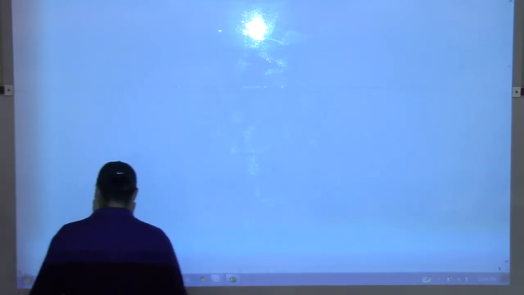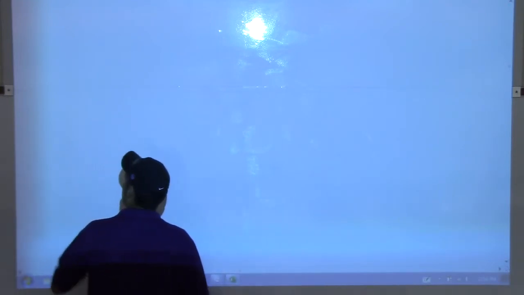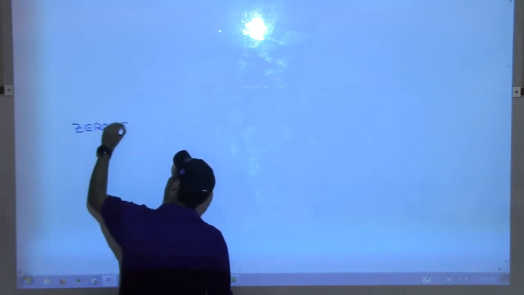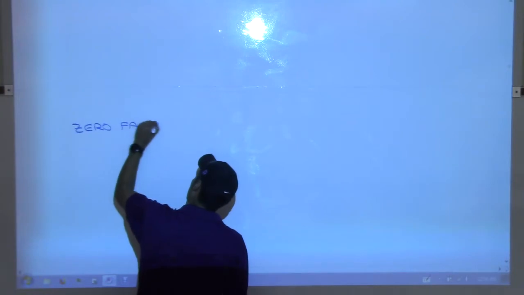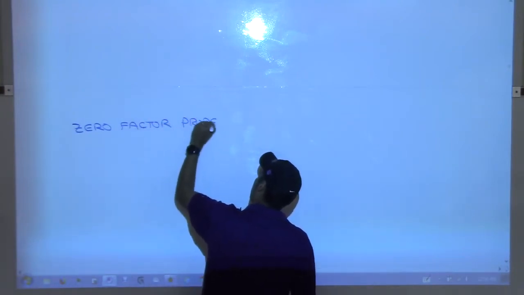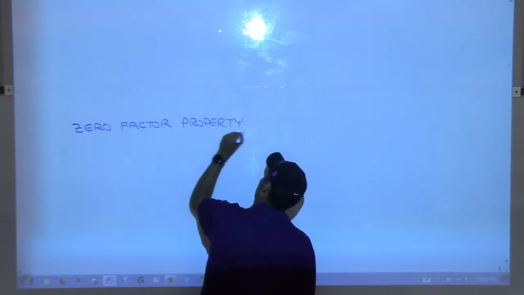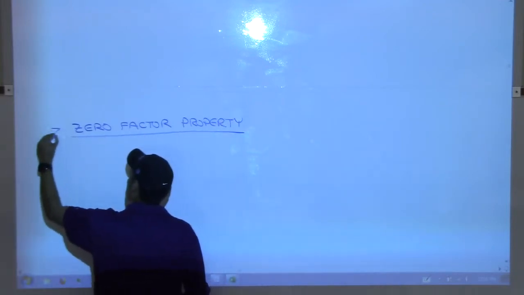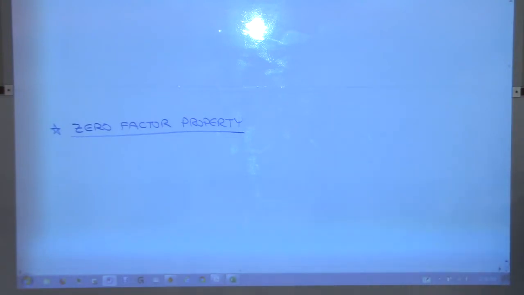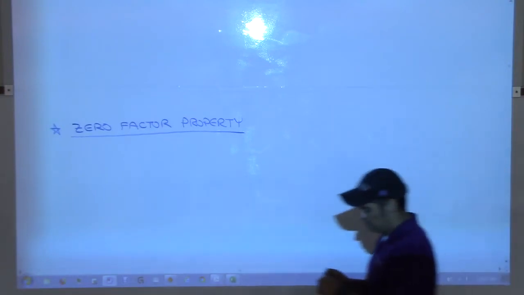It's called the zero factor property. I'm going to put a star next to this because it is extremely important, this property. Here's what this property says.